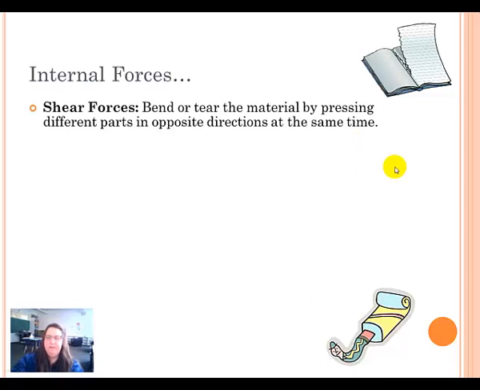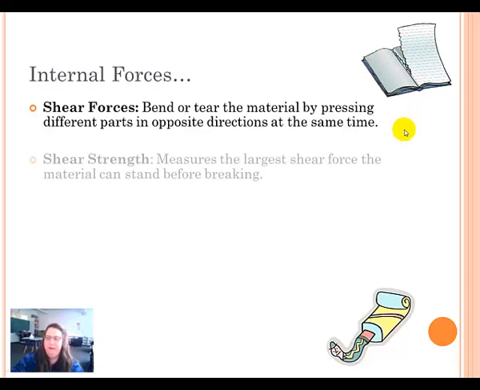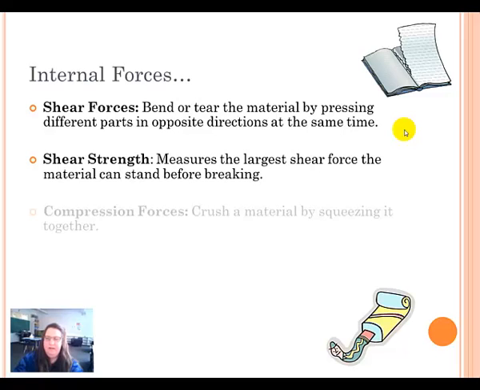Shear forces are forces that bend or tear the material by pressing different parts in opposite directions at the same time. So we're shearing the paper over here by pulling it apart. Shear strength is measured in the same way that tensile strength is measured. So you apply the largest possible shear force you can before the material breaks. And that is called the shear strength.